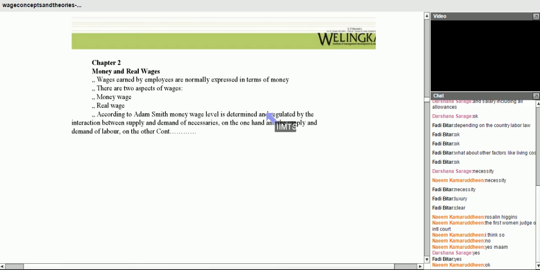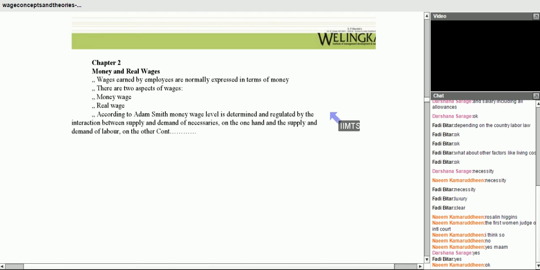Like suppose you are living in a factory premises. I'm talking about a very unskilled labor. Suppose there is an unskilled labor who is working in a factory, and he is just getting 200 rupees a day. So 200 rupees a day in today's time is too less.